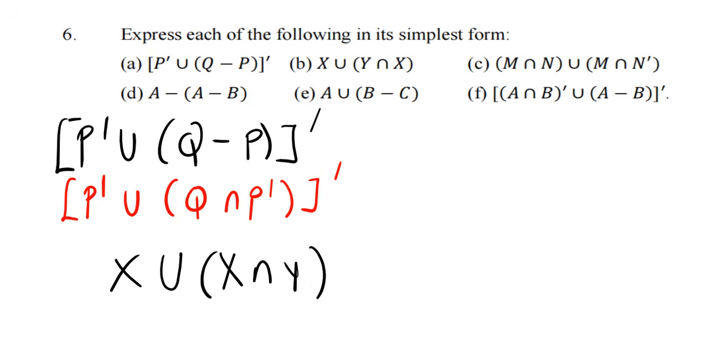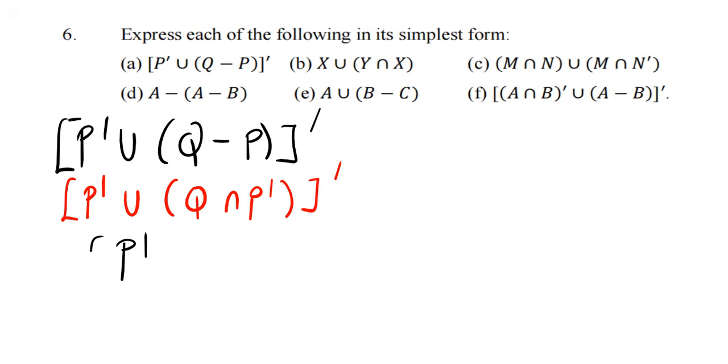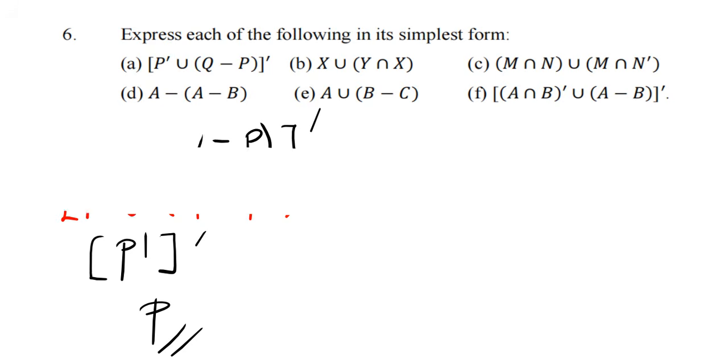It's going to give us automatically P complement as our answer for what's in the bracket. Then we have a complement outside. The complement and the complement will just cancel out. You're just going to have P, instead of P complement.